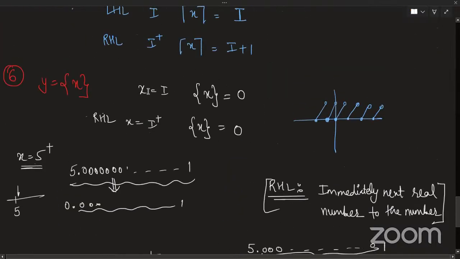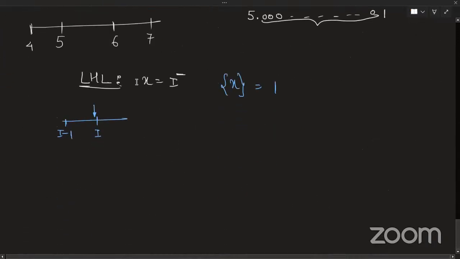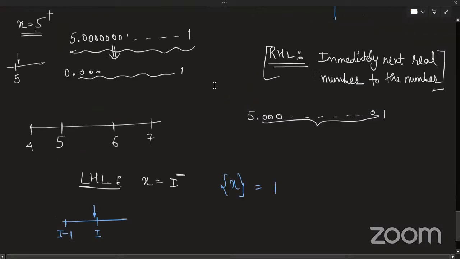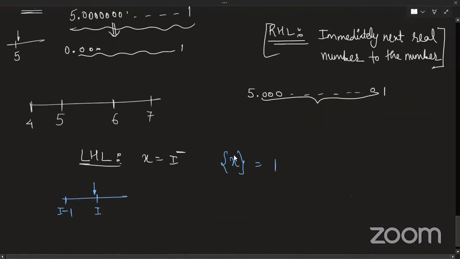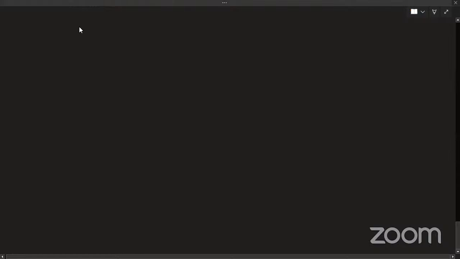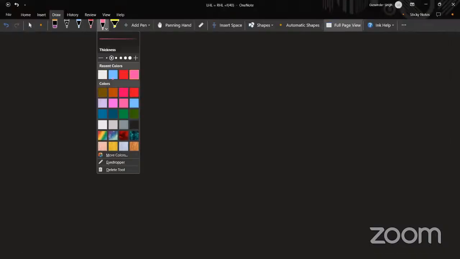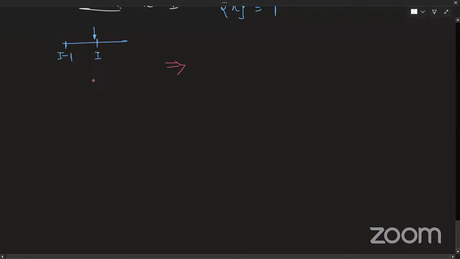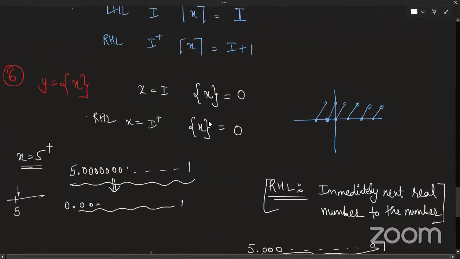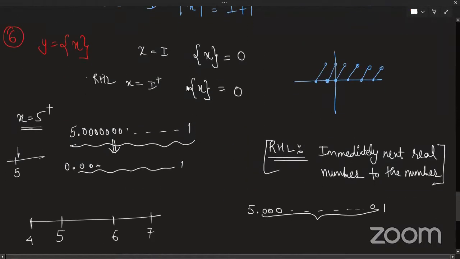See, if x is equal to I, it is 0. In I plus, it is 0. But if it is I minus, then it is 1. So 0, 0, and 1, they are not matching. So what can I infer?